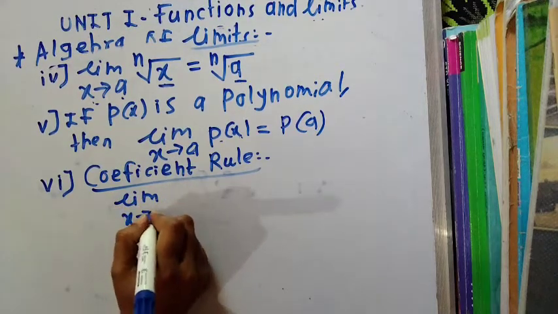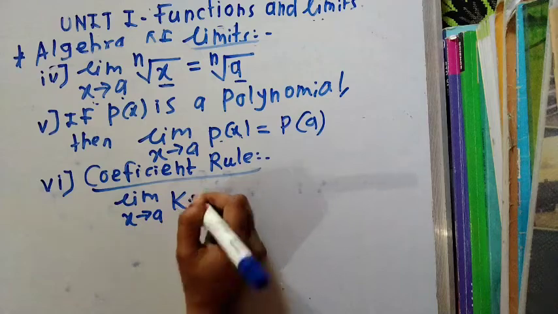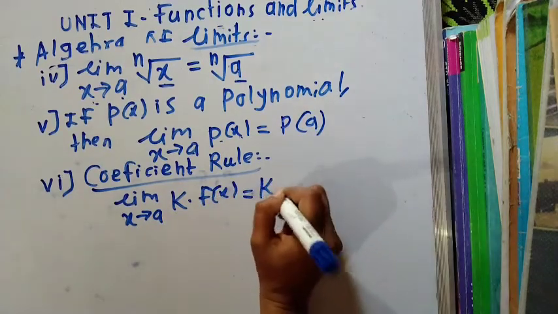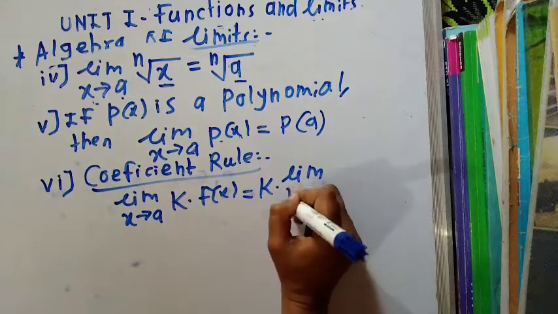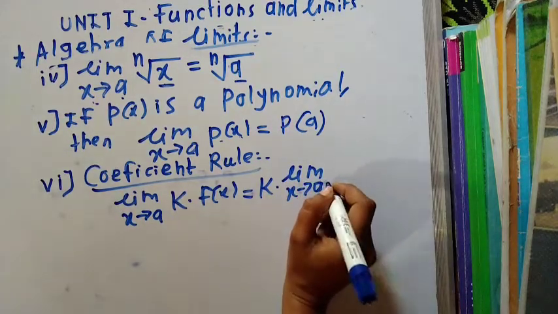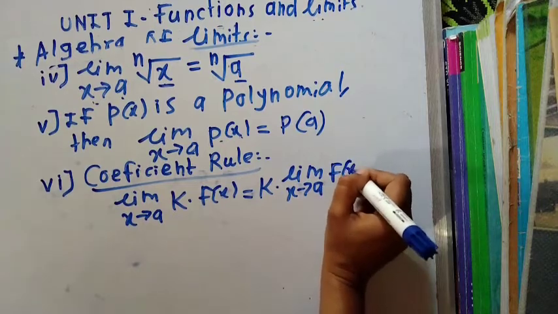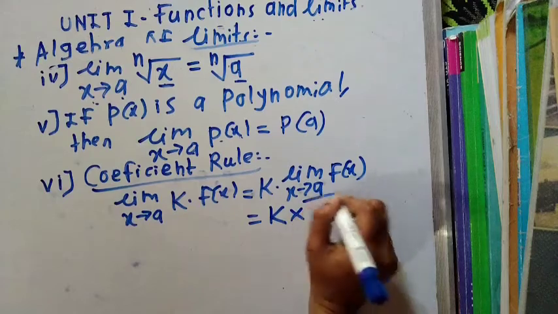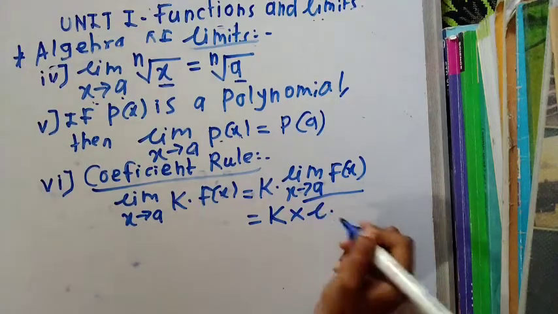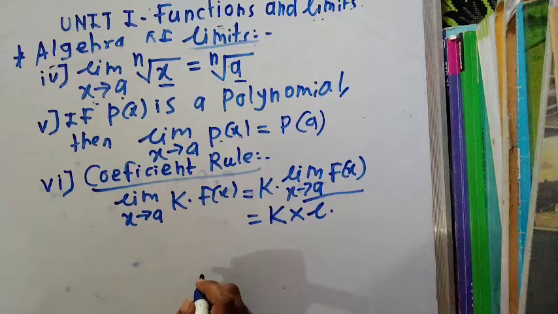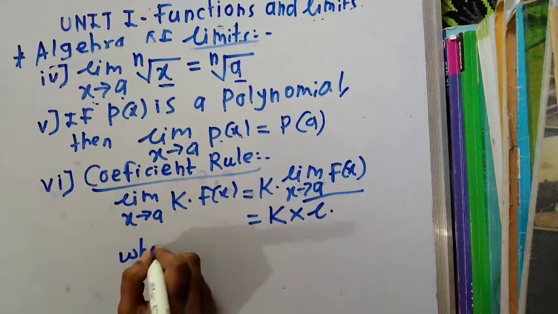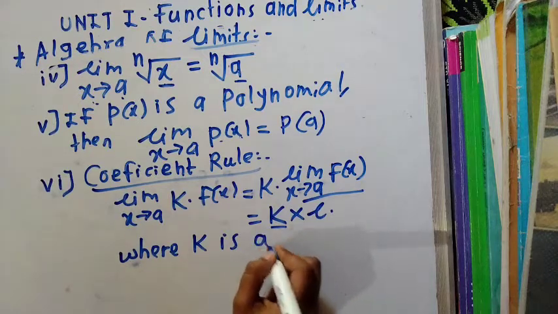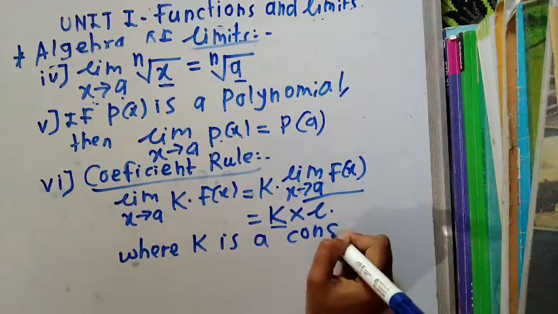Limit x tends to a of k into f of x is equal to k into limit x tends to a of f of x, which is k into L, where k is a constant.